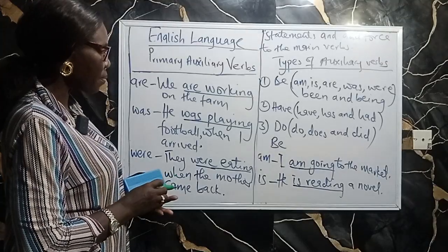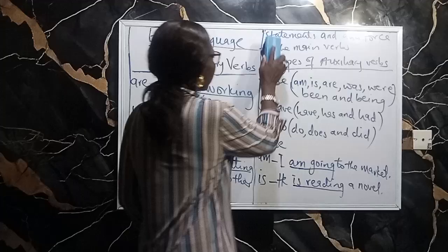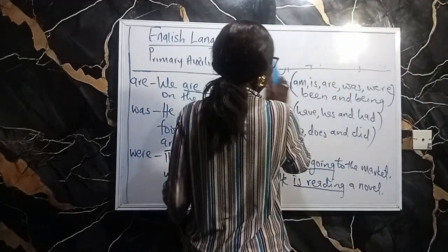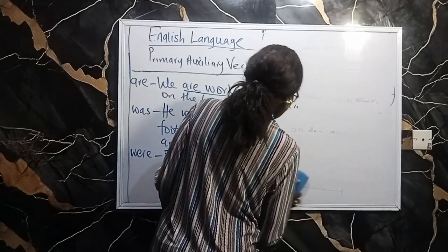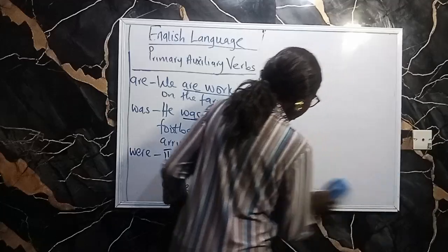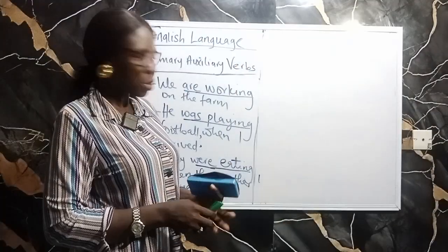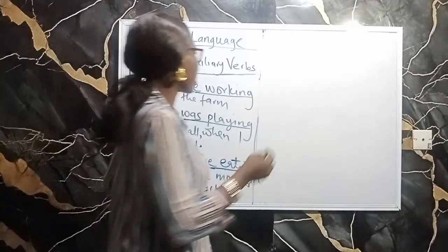Now it remains been and being. Let's also use them. Now we want to use been or being as primary auxiliary verbs.